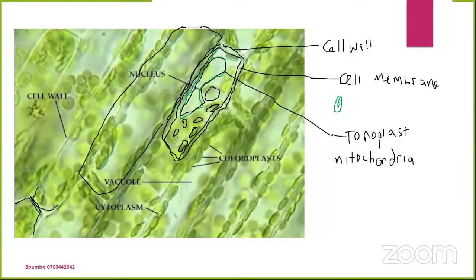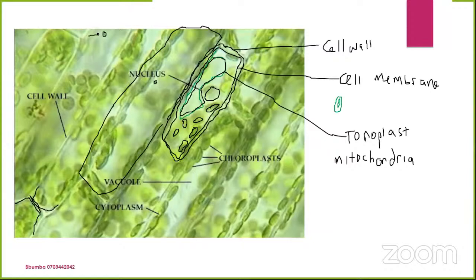Then Tina asks, teacher, where is the starch found in the plant cell? Thank you very much, Tina. It is in the cytoplasm. When you check the cytoplasm of a plant cell, normally there are starch granules within the cell.